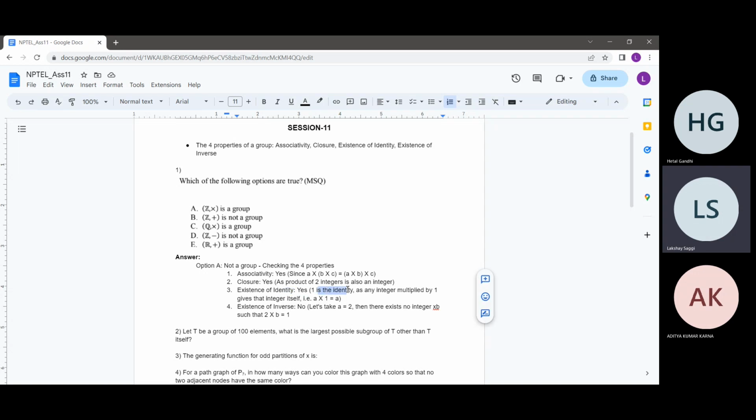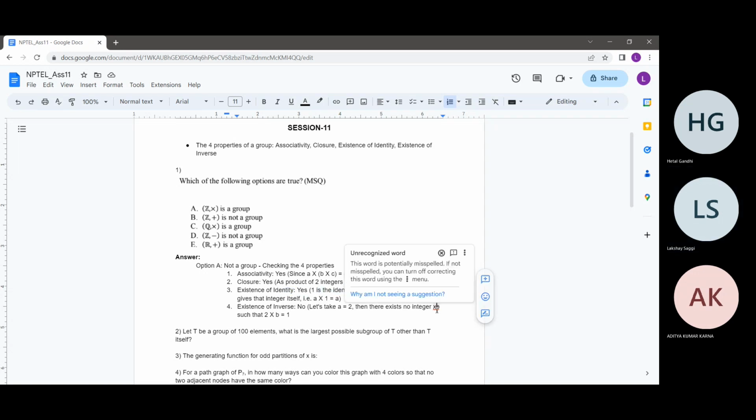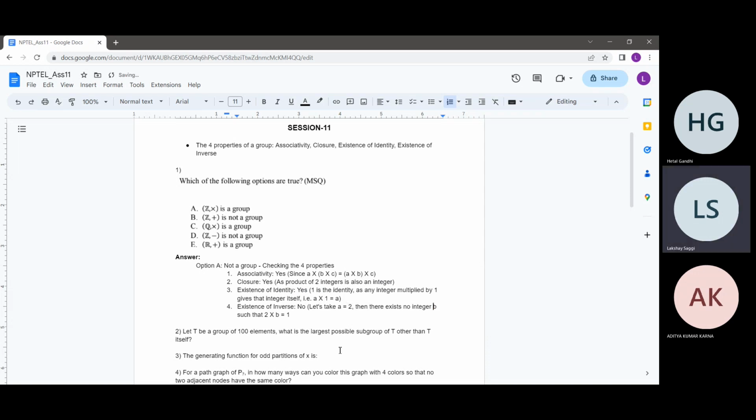So basically, multiplication is the operator, so we would want another integer to exist from the group such that 2 times that integer should give me the identity, which is 1. So 2 times b should be equal to 1. From this, we get b equals half, which is not an integer, right?